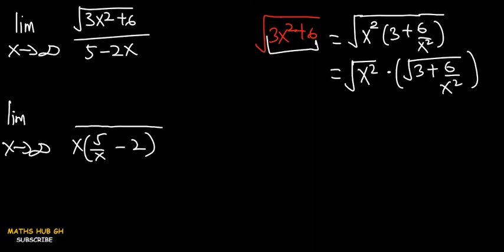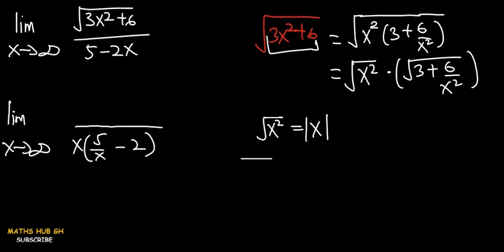Now let's take a close look at the square root of x squared. The square root of x squared will be equal to the absolute value of x. Let's look at the reason why I'm saying this. If you consider x to be a negative value or a positive value, we are still going to get our answer to be a positive value.